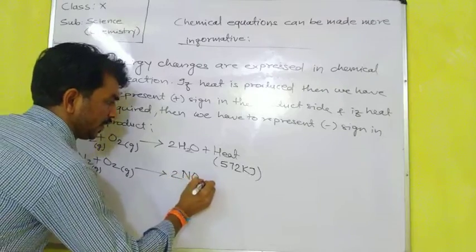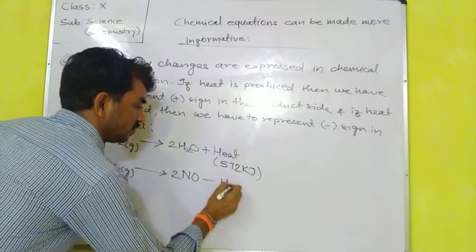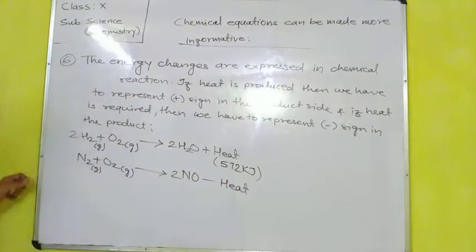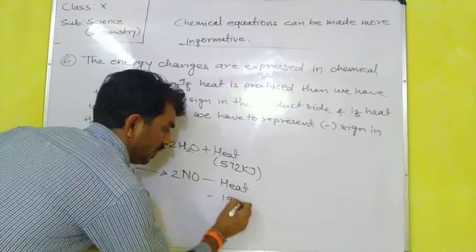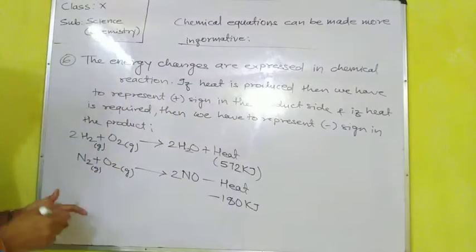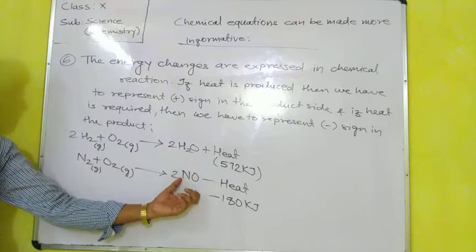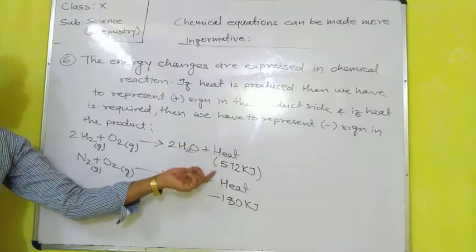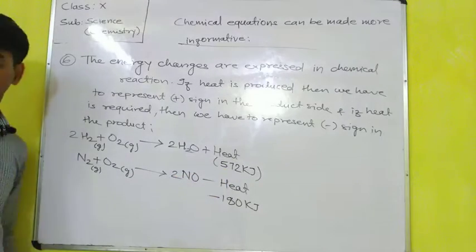Heat is required for the combination of nitrogen and oxygen, and the amount of heat is minus 180 kilojoule. So here, if minus heat is represented on the product side, it means heat is required. If plus heat is represented, it means heat is evolved. This is an exothermic reaction and this is an endothermic reaction.